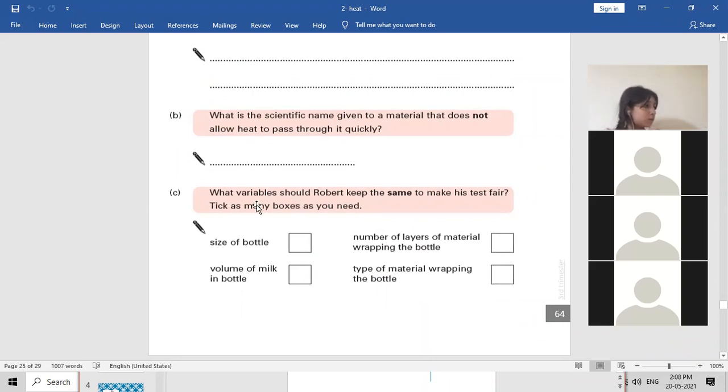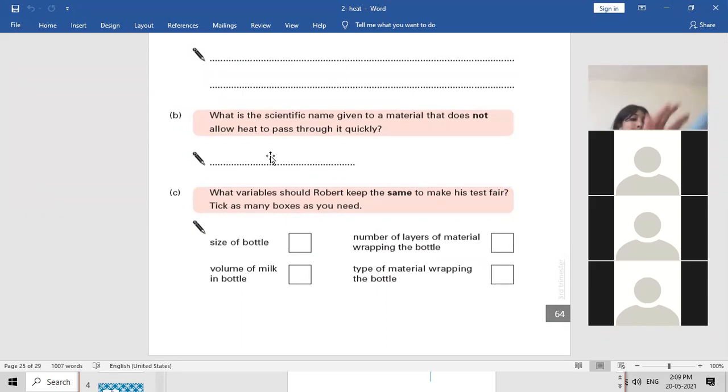What variables should Robert keep the same to make his test fair? Tick as many boxes as you need. Adham, can you answer it? I think he should keep the same... What should he keep the same to make his test fair?